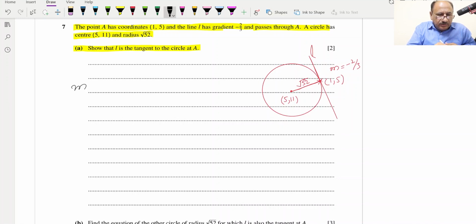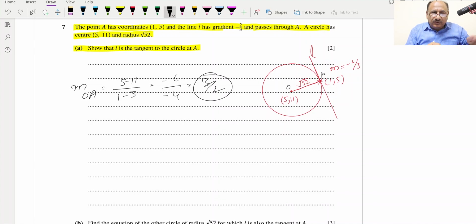So this is basically the drawing, and we can figure out the gradient. We can write gradient of OA. This is basically point A and this is O. So gradient of OA will be 5 minus 11, y2 minus y1 over x2 minus x1. So it will be minus 6 over minus 4, which is equal to 3 by 2.